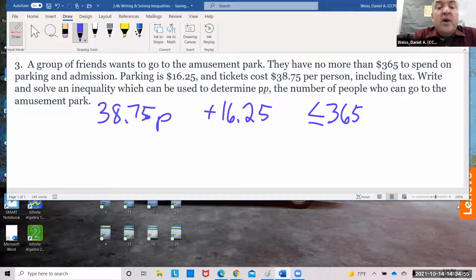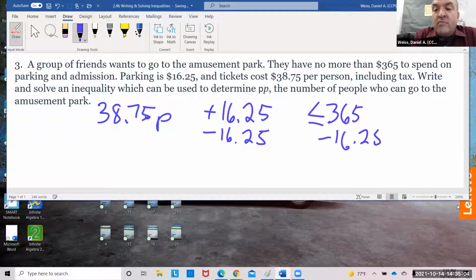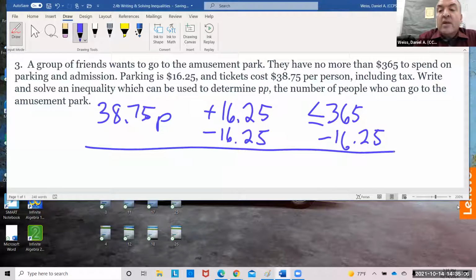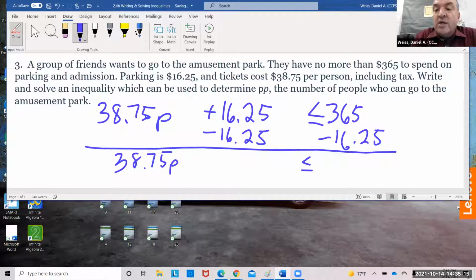Anyway, you minus 16.25 from both sides, and you get 38.75P less than or equal to 348.75.